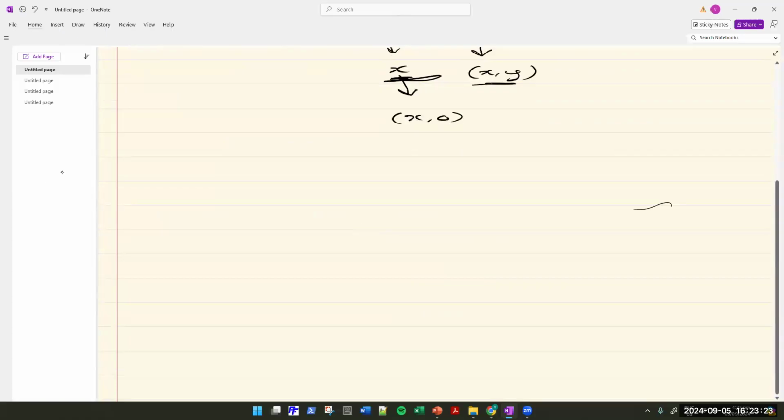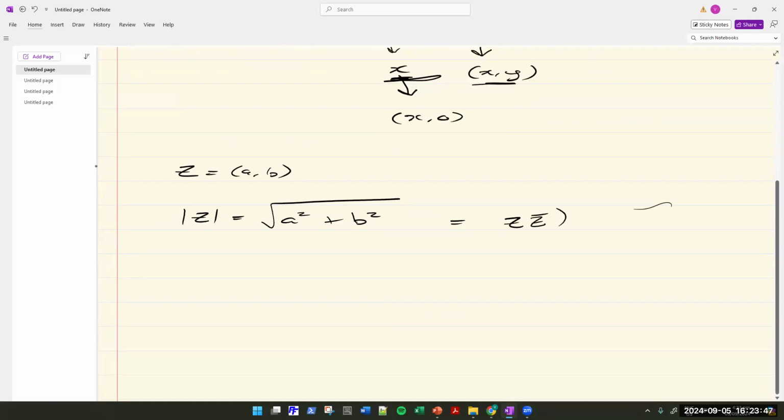Okay. So if we think again of a complex number z as being this (a, b), then the length of z is just, by Pythagoras' theorem, the square root of a squared plus b squared. And it turns out that this formula, you could show, is the same thing as if I do z times z bar, to the power of a half. So you could verify this.